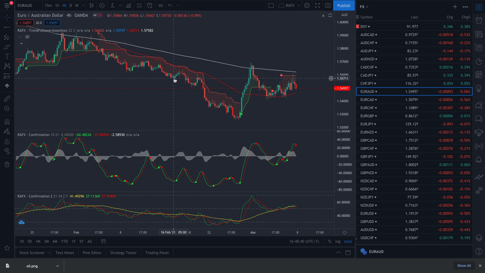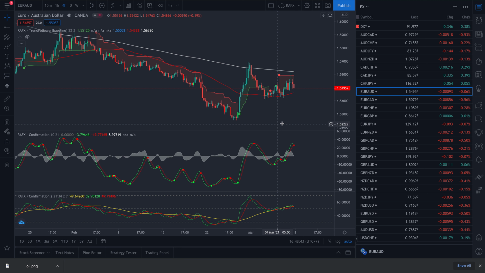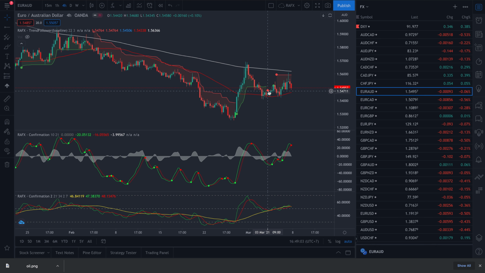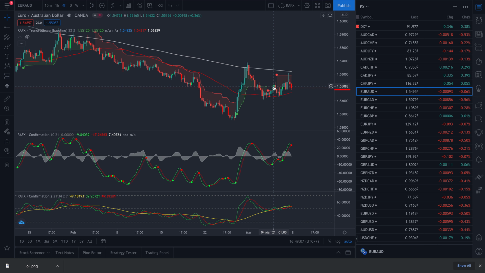If you notice in here, I don't have the latest trend follower buy signal yet, because the latest one has been invalidated. This is the latest buy signal. This one has been invalidated by this entry, and this buy signal here is also invalidated by this one here.